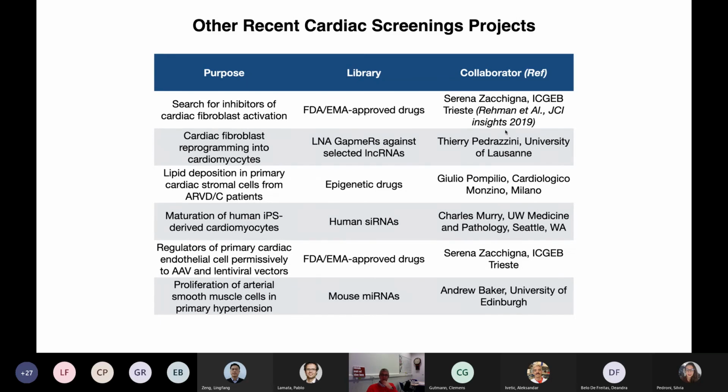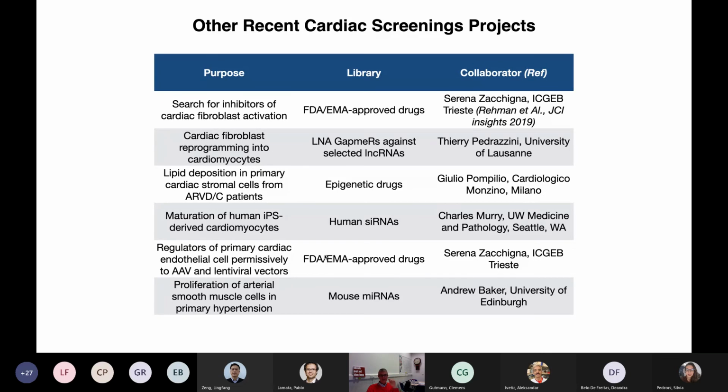And then we have a collaboration with a group in Lausanne to screen for anti-lncRNAs for reprogramming cardiomyocytes. Here the readout of the assay is expression of cardiomyocyte-specific markers.